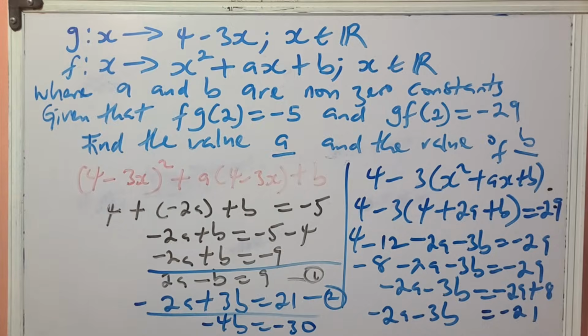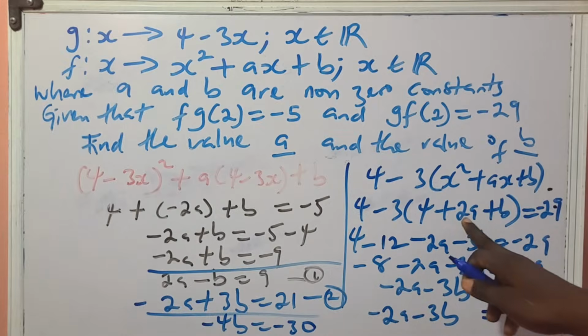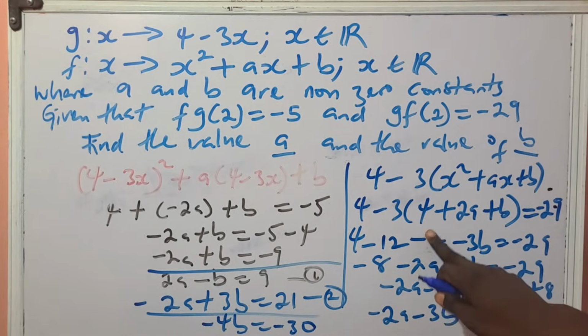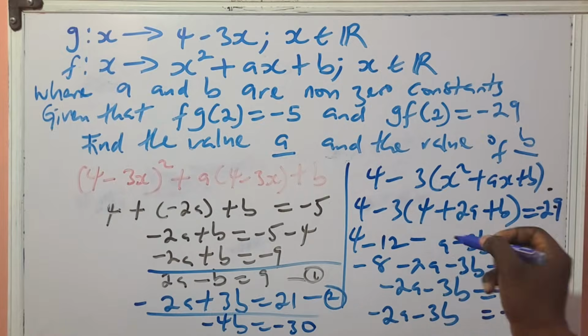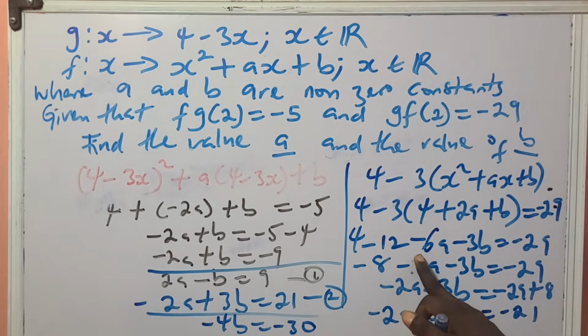Okay. I think, oh, sorry. This was supposed to be 6a. This year was supposed to be 6a. 3 times 2 was supposed to be 6a. So where we have 6a.